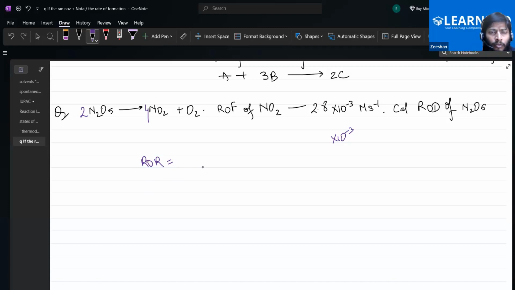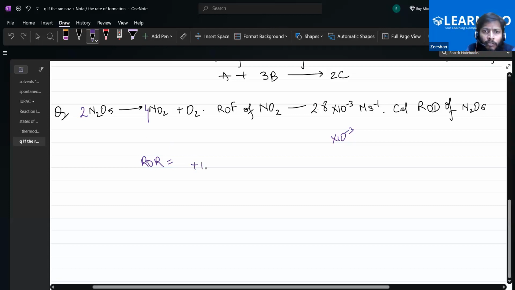See, the rate of reaction here will be, the rate of formation of NO2 is given. So NO2 is forming, so we will write plus 1/4 times rate of formation, like this. We are going to write, right? You may have written like this, right? Yes, sir.